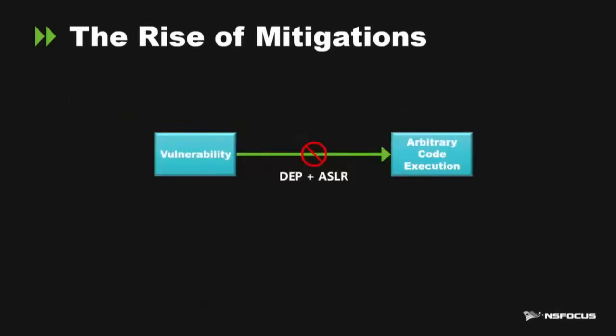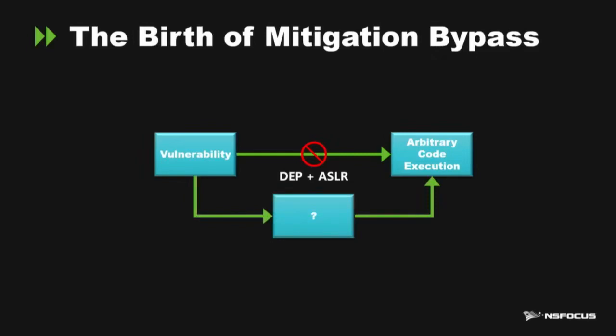DEP and ASLR together can make exploitation difficult. When you find a vulnerability, you can't simply achieve arbitrary code execution. You need to do more work to achieve that. That's mitigation bypass.